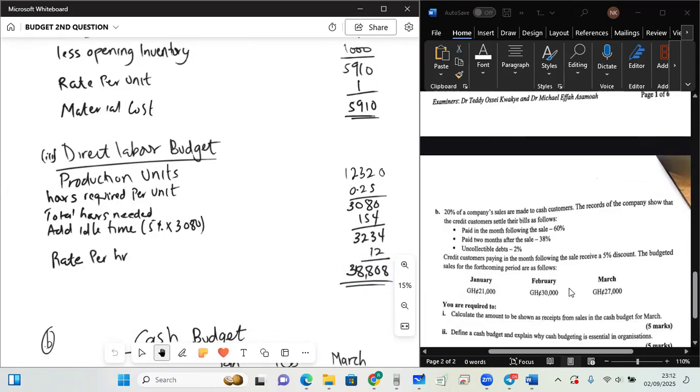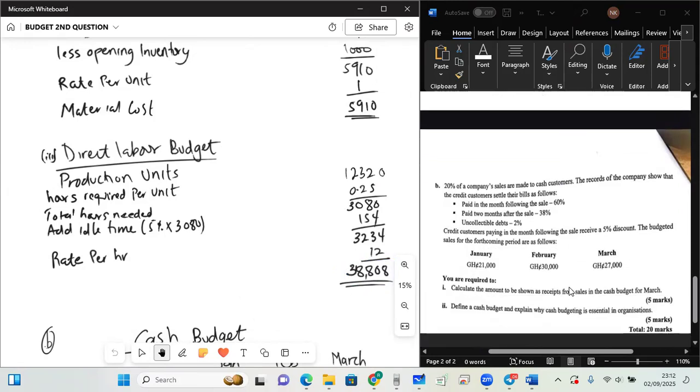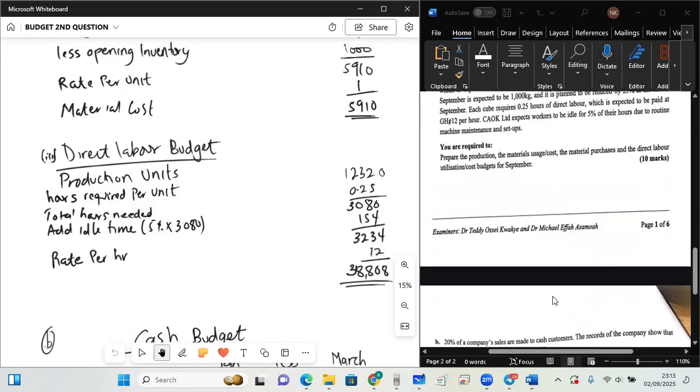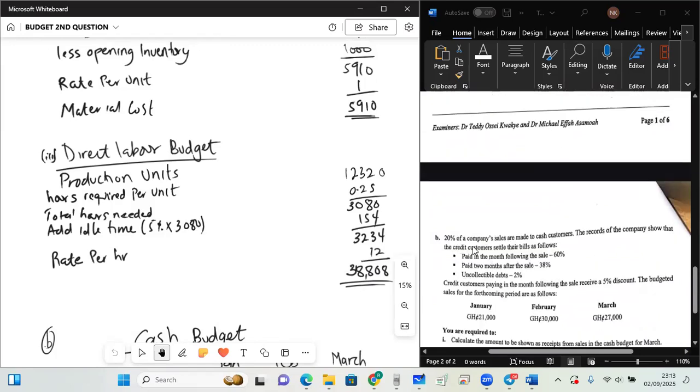The next question, which is B, is saying that 20% of a company's sales are made to cash customers. All right. The records of the company show that the credit customers settle their bills as follows.